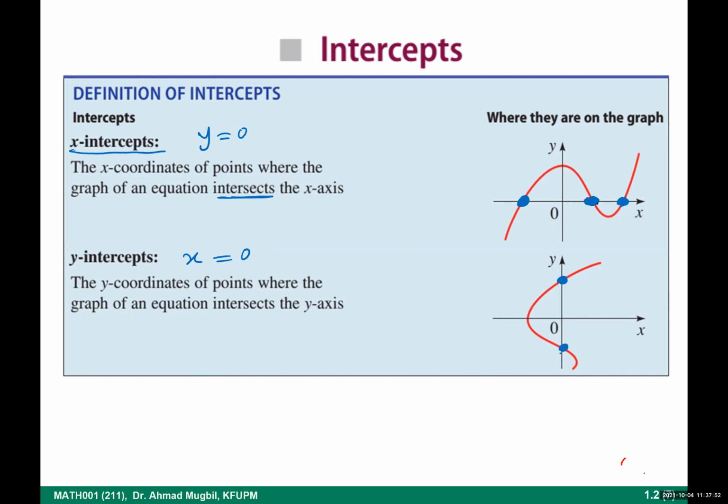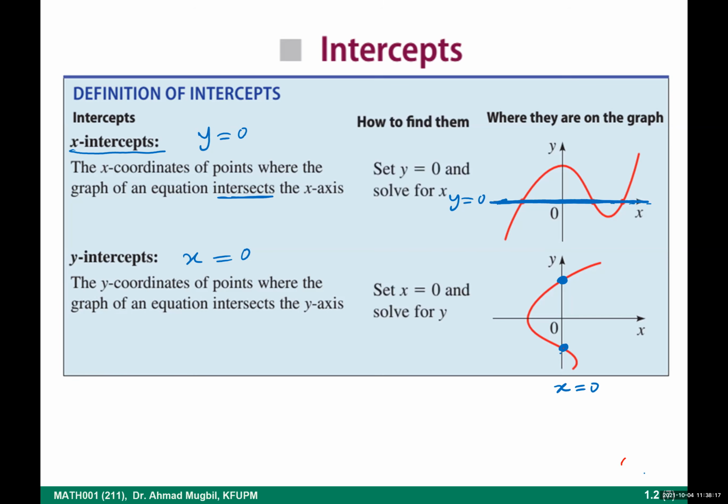What is the equation of the x-axis? What is special about the x-axis? Wherever you are on the x-axis, y is 0. Here y is 0, y is 0, y is 0 along the x-axis. Similarly, along the y-axis, x is 0. So the equation of the y-axis is x equals 0, and the equation of the x-axis is y equals 0.